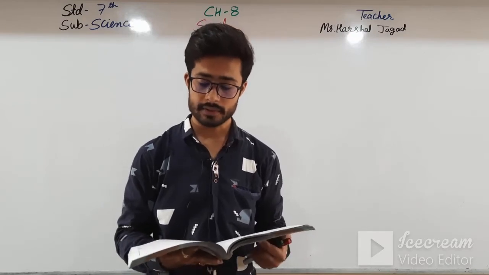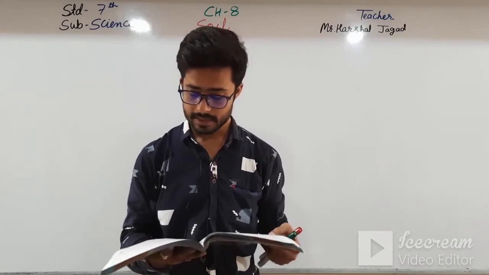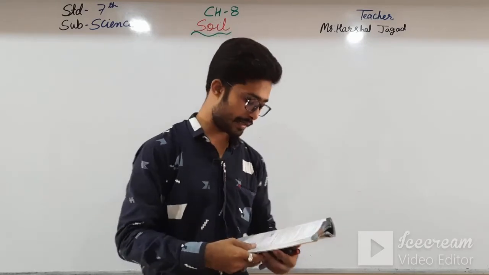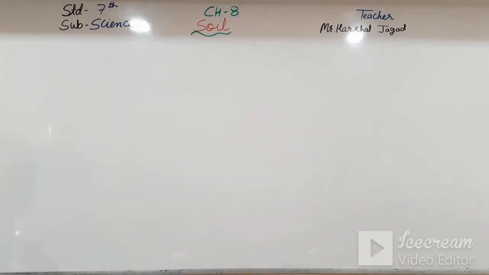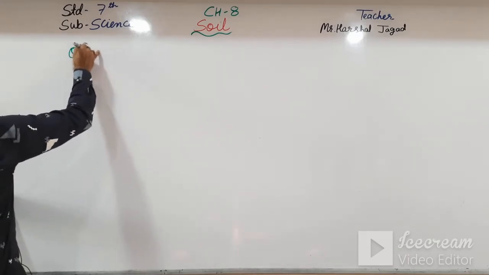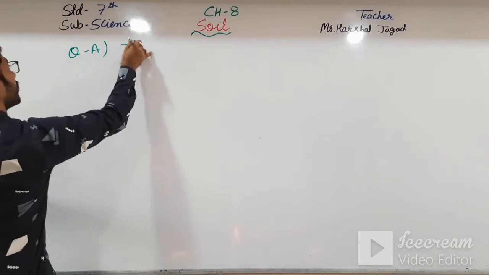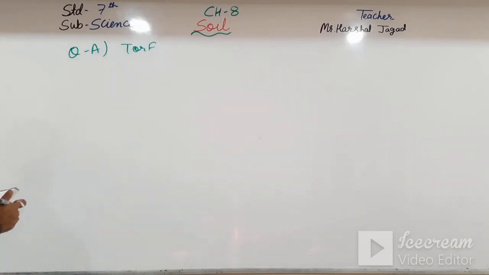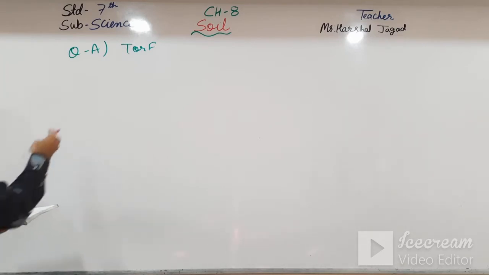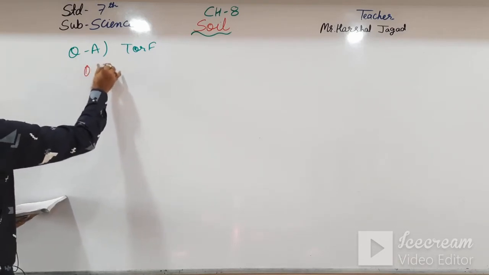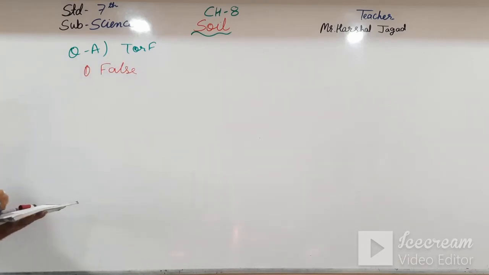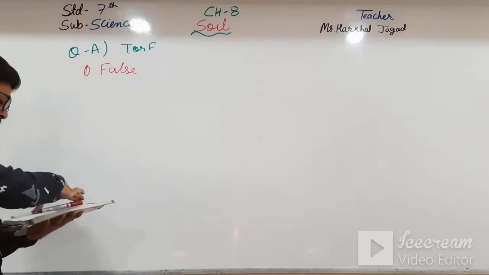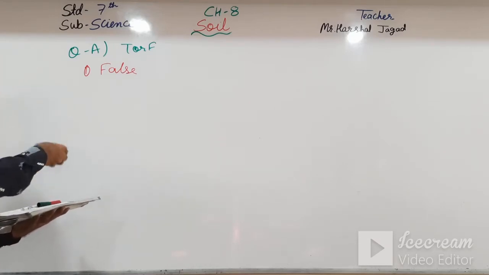So this we have seen, and there was an activity that I gave you as homework, so let's answer. In question A, true or false. The first answer: sand will have more moisture than clay, that's false. Second: when soil is heated, water vapor cools and condenses at the mouth of the test tube, that is true.